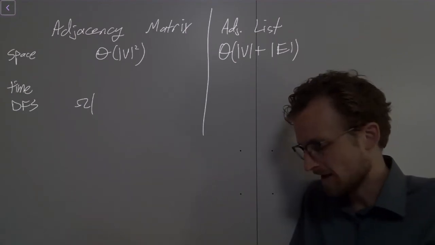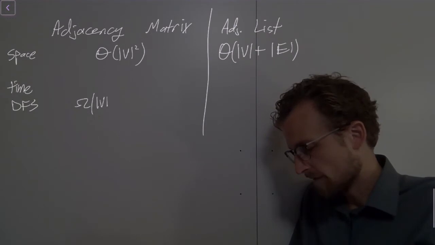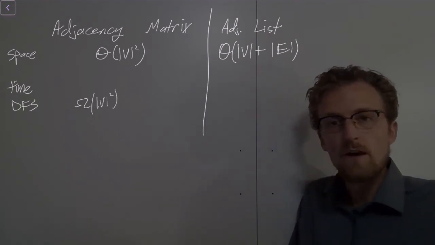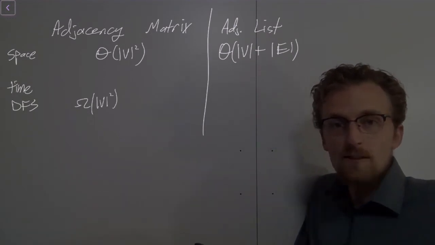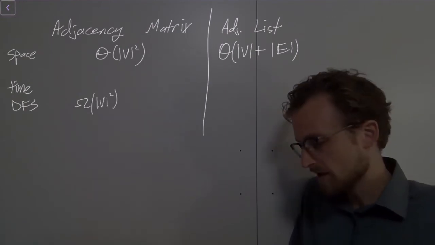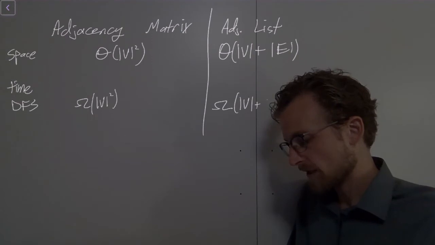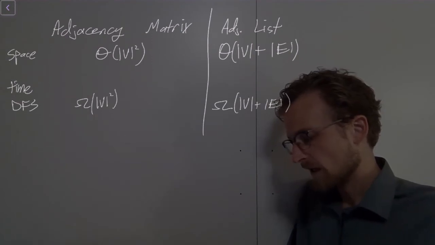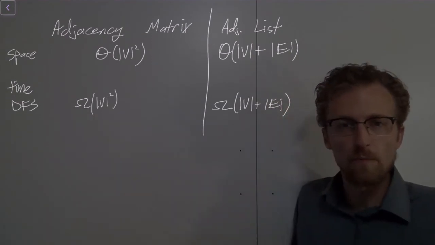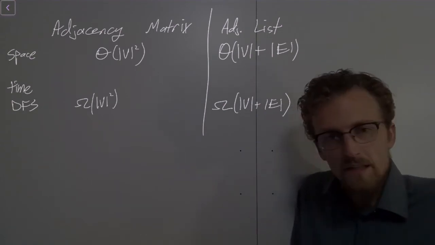no faster than v squared. In other words, v squared is the best we could ever hope to do with DFS, and the size of the vertex set plus the size of the edge set is the best we could ever hope to do with big omega. So why is this?